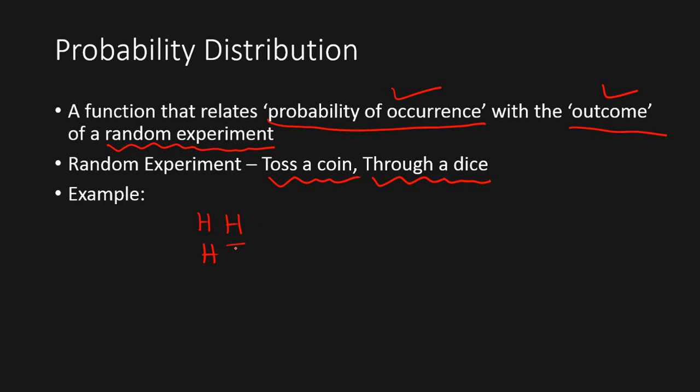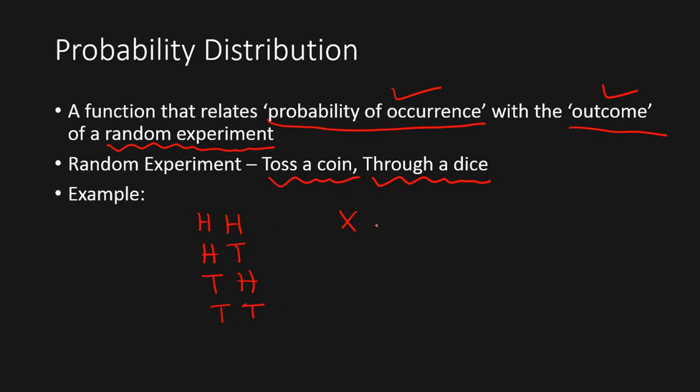So the first outcome is head, the second one is tail, or it could happen otherwise. First outcome could be tail, the second outcome could be head, and then finally we could also have two tails, no head, right? Now the outcomes of this particular experiment are four.